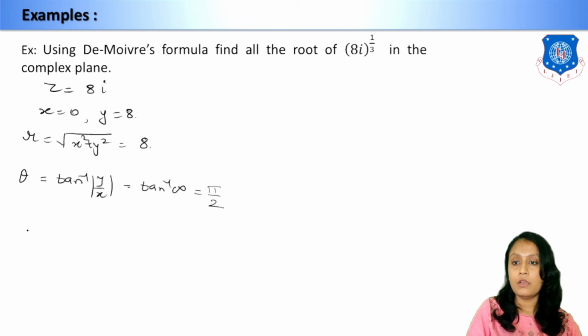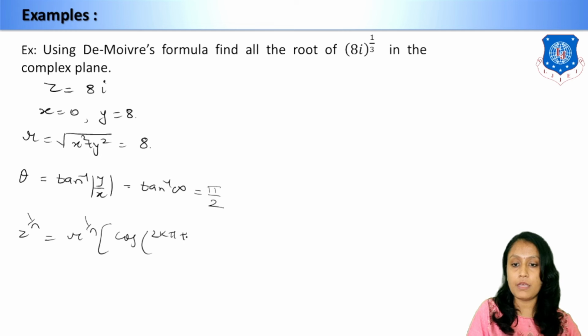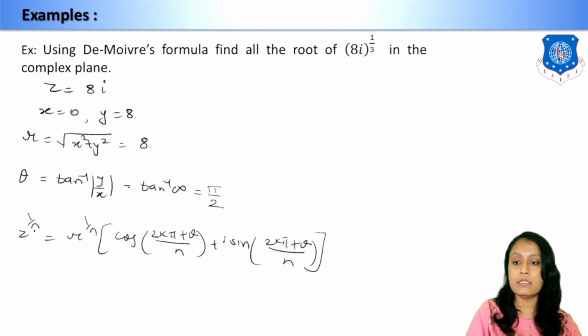Okay. Now the nth root formula is z raised to 1 upon n is r raised to 1 upon n times cos of 2k pi plus theta upon n plus i sin of 2k pi plus theta upon n. Okay, now here theta is pi by 2. Okay, n is 3. Let's take n is equal to 3. R we know the value, theta also.